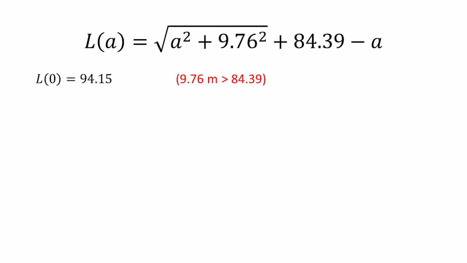And L of 84.39, that happens to be 84.9525.